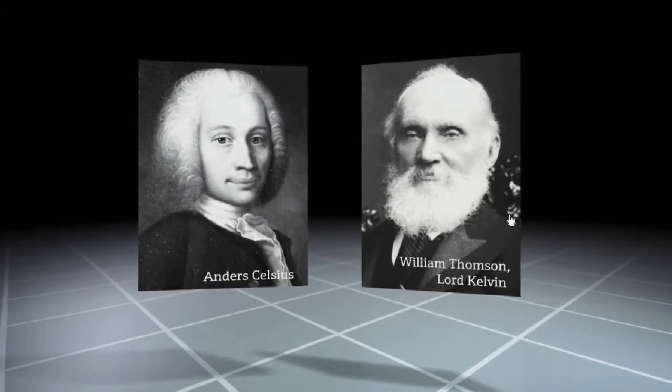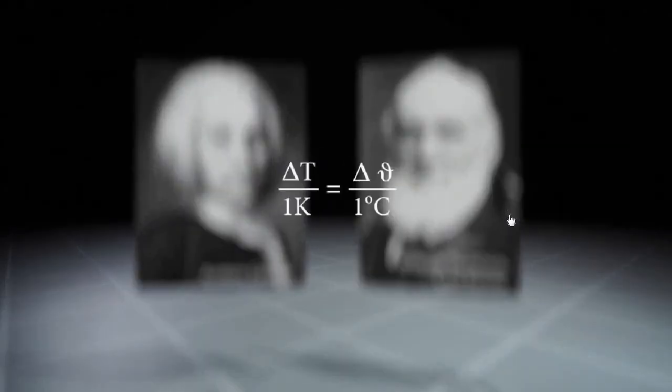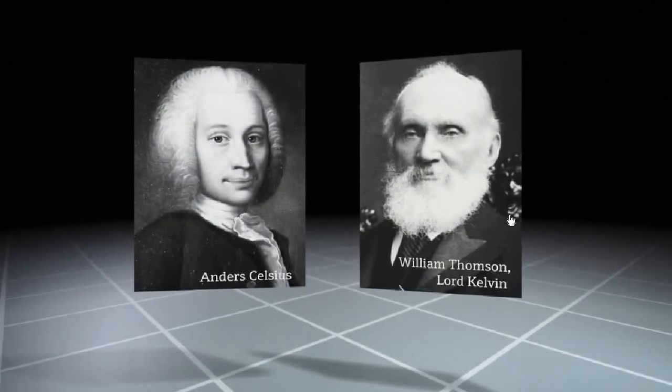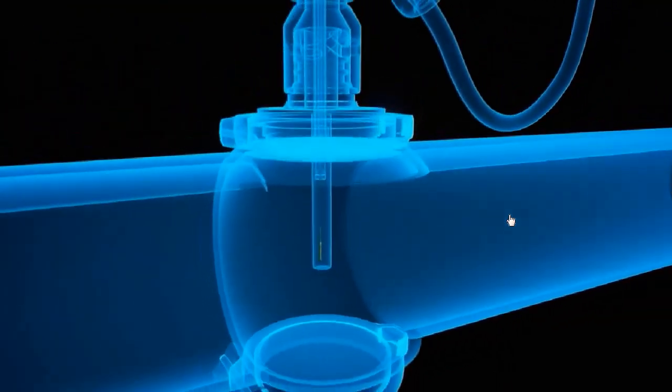They gave the temperature scales, according to which Celsius and Kelvin were introduced. In 1742, Anders Celsius gave some equations: delta V divided by 1 degree centigrade is equal to delta T divided by 1 Kelvin. After hundreds of years, Thomson gave this statement on thermodynamics, with equations like that.